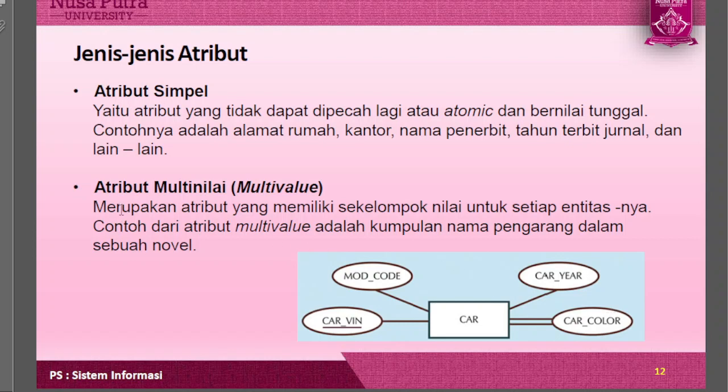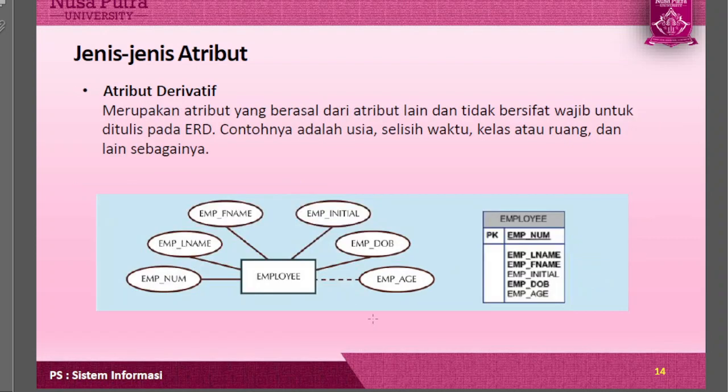But the multi-value attribute means there are a lot of values. For example, in the attribute of an entity, you have several numbers, so the attribute has to be marked with a double circle, double ellipse. I will give you the sample in the next slide.